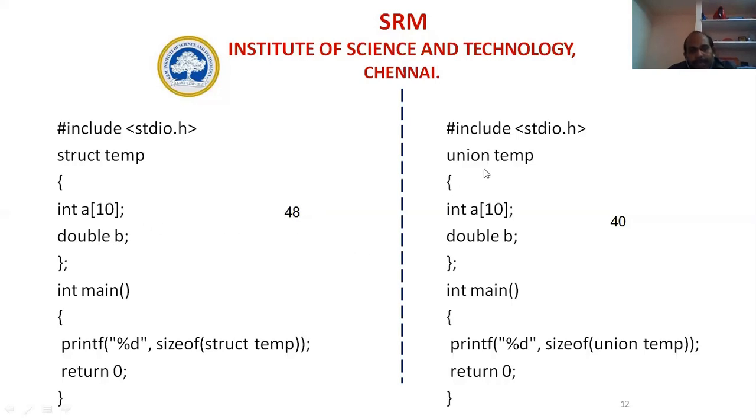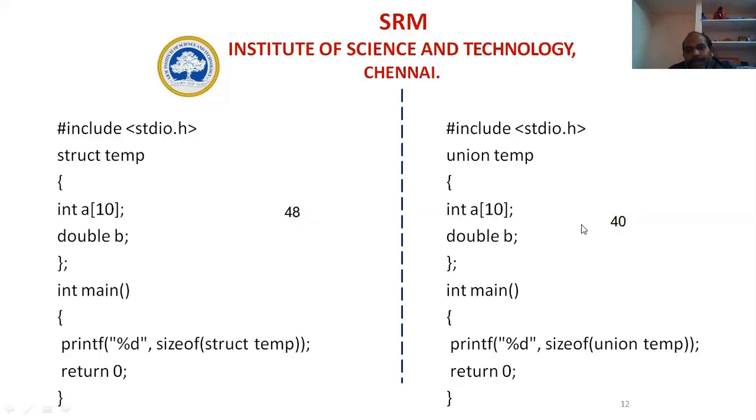The same thing I used in the second program also, but here it will not print 48. It will take the data type that has the largest bytes. Out of integer and double, I have a of 10, so 40 bytes are reserved. The double is only 8, so the maximum is the int array, and it reserves only the highest data range, so 40 will be reserved.